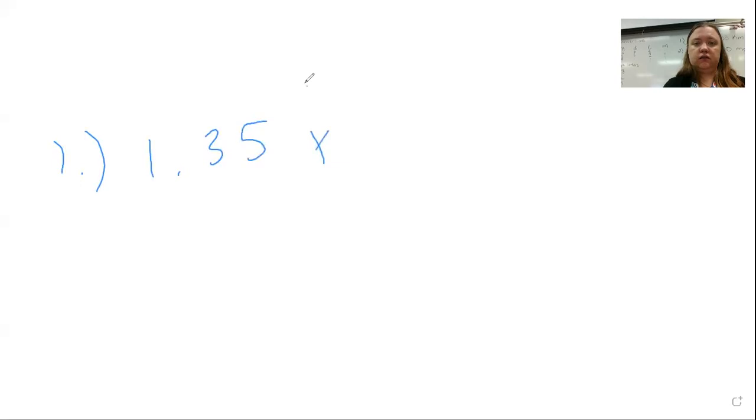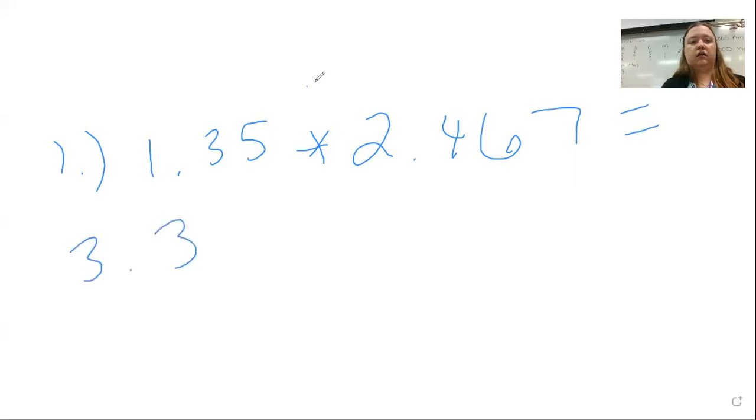So in the exit ticket, the first multiplication and division we have is number 1. We have 1.35 times 2.467. In our calculator, we get 3.33045.